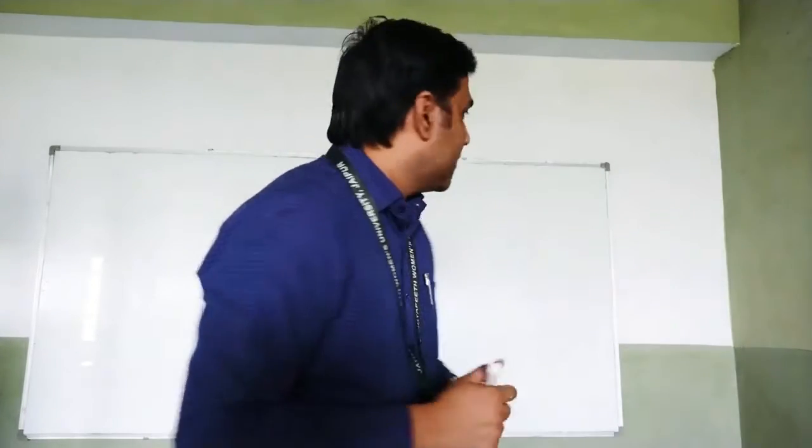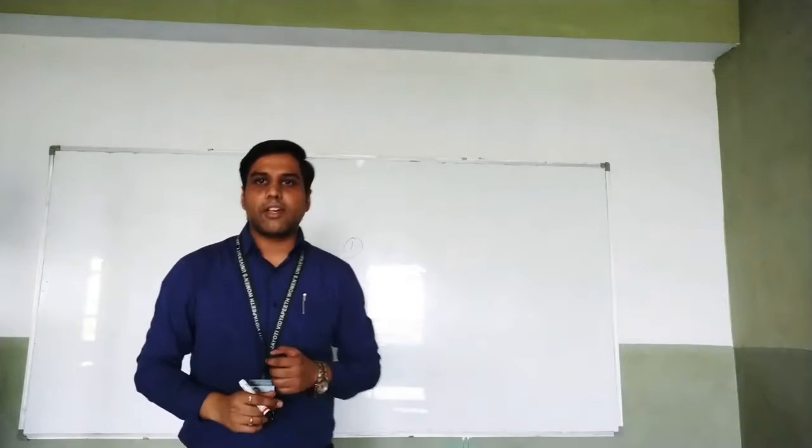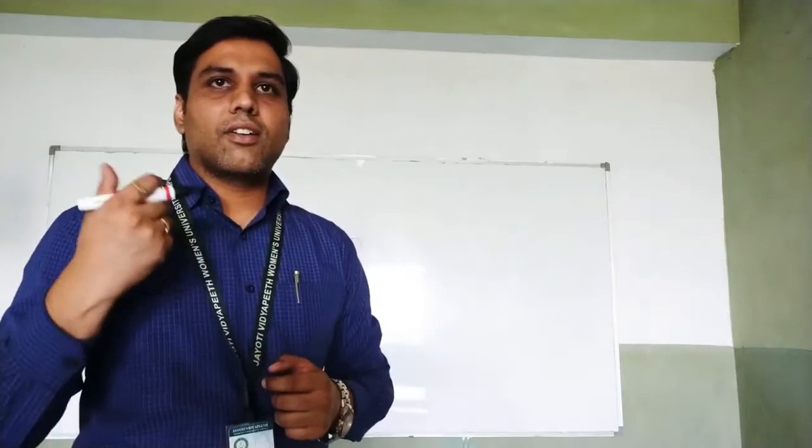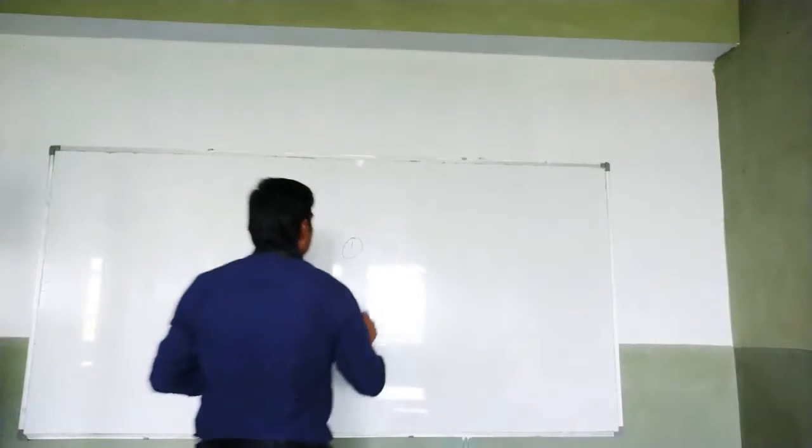Let's see what are the sites where we should go for examination of pallor. Pallor examination can be done at 6 parts of our body. Let's see one by one what these parts are. The first part where we go for identifying the pallor is the lower palpebral conjunctiva.